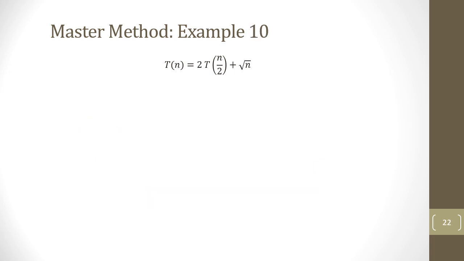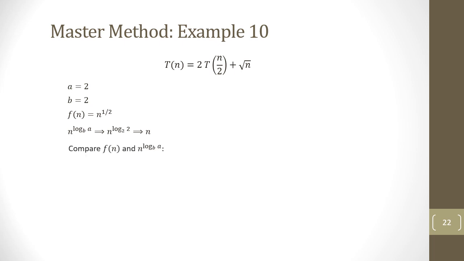For this recurrence, a and b will be equal to 2. The square root of n is n to the power of 1 by 2, or half. So f of n will be n to the power of half. N to the power of log base b of a turns out to be n.